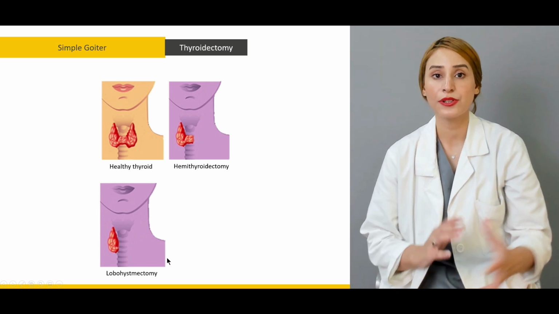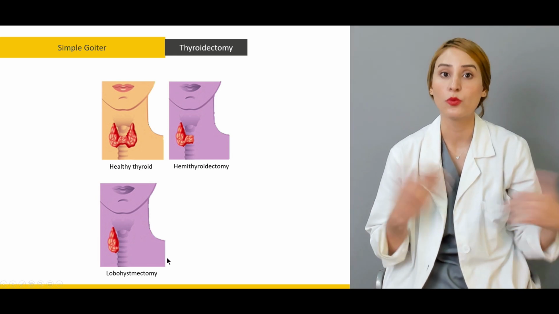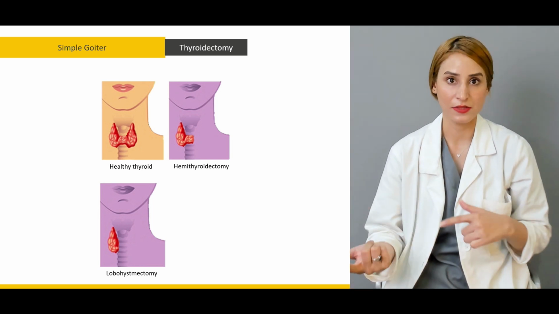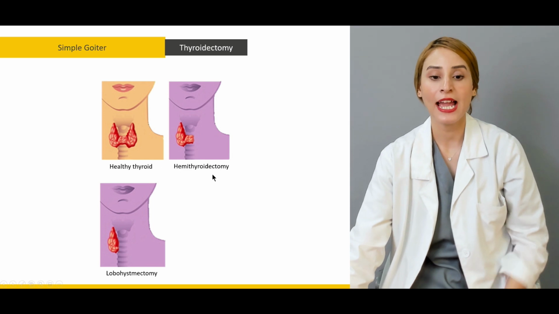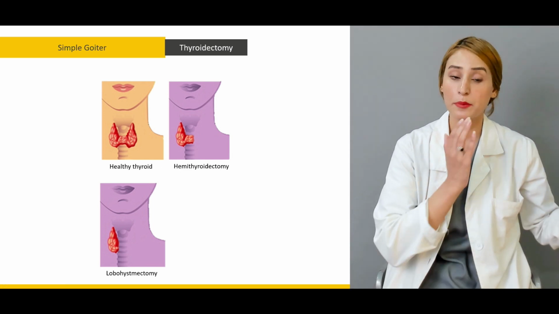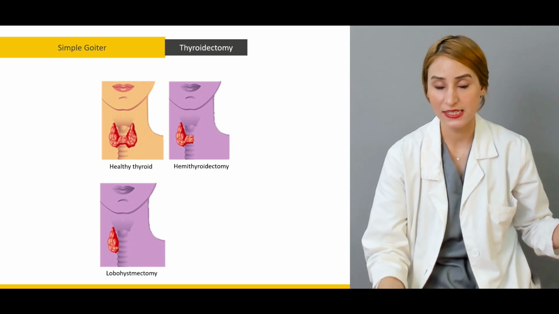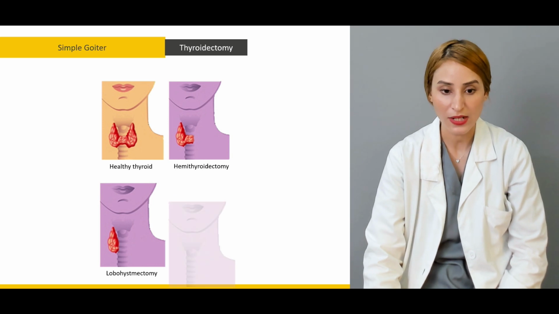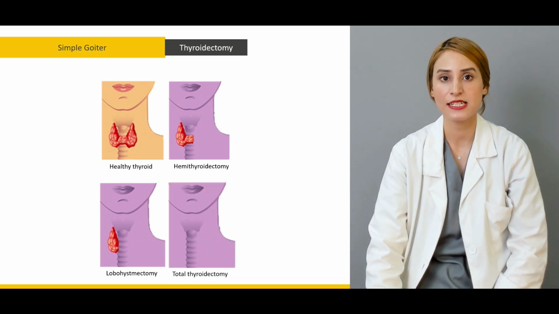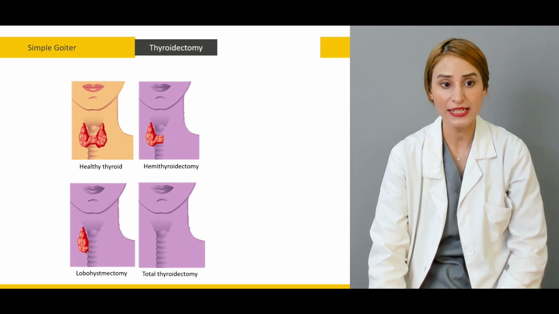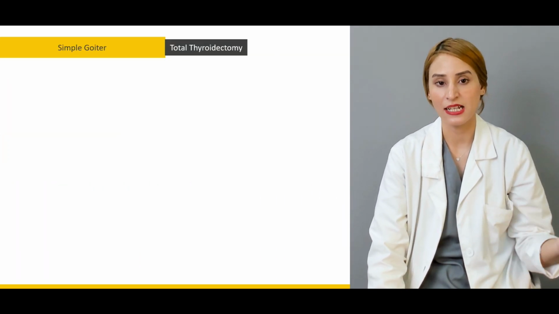You can also say that this is lobectomy with isthmectomy, because one of the lobes and the isthmus is removed, right? But in hemithyroidectomy, you keep one lobe along with the isthmus, but in lobectomy with isthmectomy, you remove the lobe as well and you remove the isthmus as well. And in total thyroidectomy, you take out the whole of the thyroid gland, right? So these were the treatment modalities.